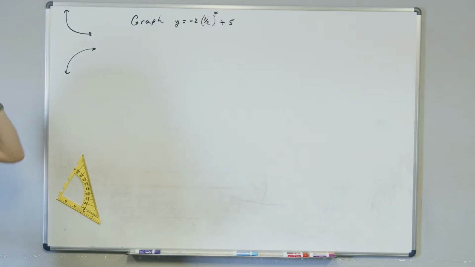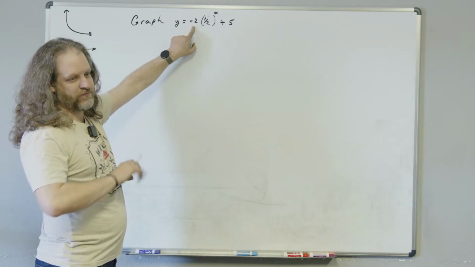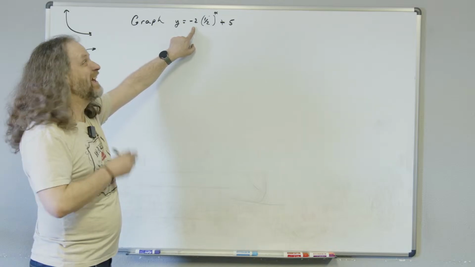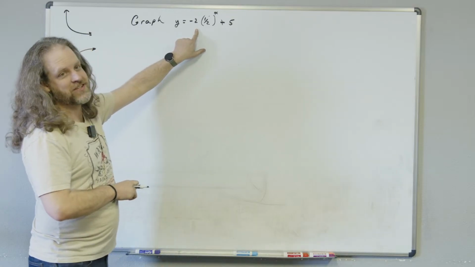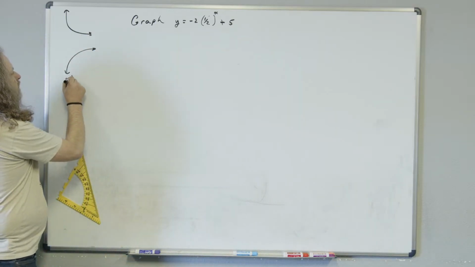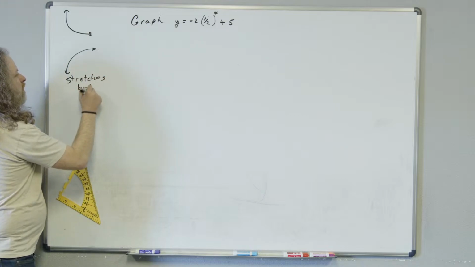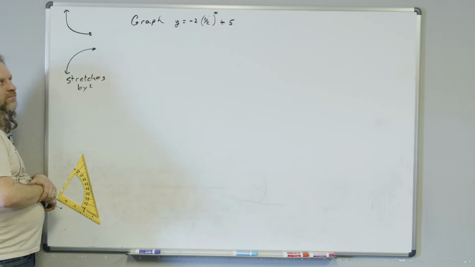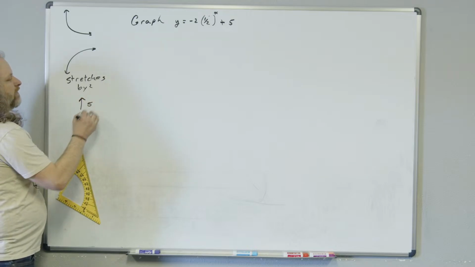That's true. 2 is not 1, which means, what I'm getting at, what does that 2 do? The negative flips it. What does the 2 do? It dilates it. It stretches it by 2. What does that 5 do? A vertical translation, so it moves up by 5.